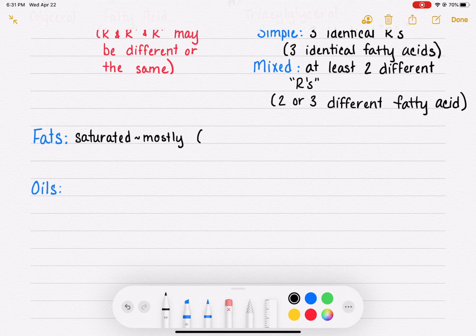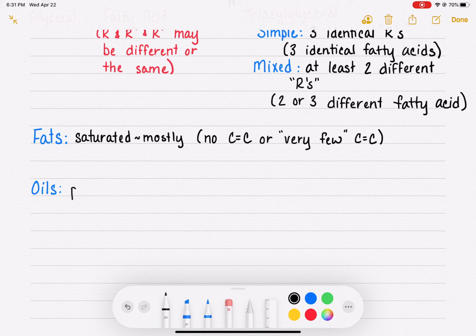A saturated fat has no carbon-carbon double bonds or very few carbon-carbon double bonds. And when we say very few, we don't have a number of what that would mean. Like, it doesn't mean less than 5 or less than 2. So here's where the definition is kind of wishy-washy.